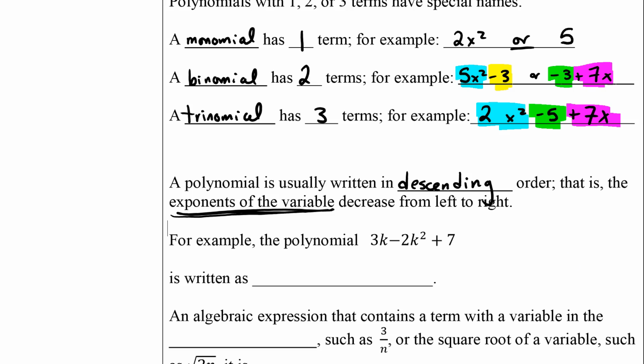So for example, we should really write the polynomial 3k minus 2k squared plus 7 as, we start with the highest degree, negative 2k squared. You're noticing that the sign in front matters. It travels along with it. Negative 2k squared plus 3k plus 7.